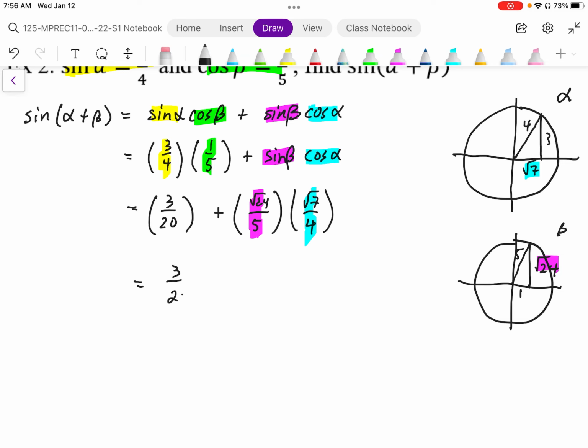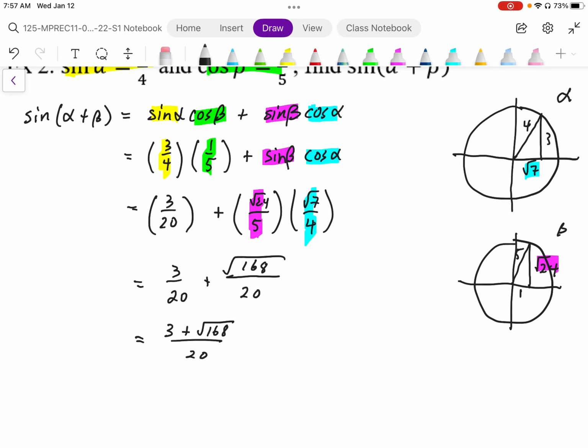So 3 over 20 plus square root 7 times 24. 7 times 24, I'm just going to use my calculator for this. I end up with 168. So square root 168 over 20. Because of the nature of this formula, we're going to get a common denominator. So I'm going to rewrite this as 3 plus square root 168 over 20.